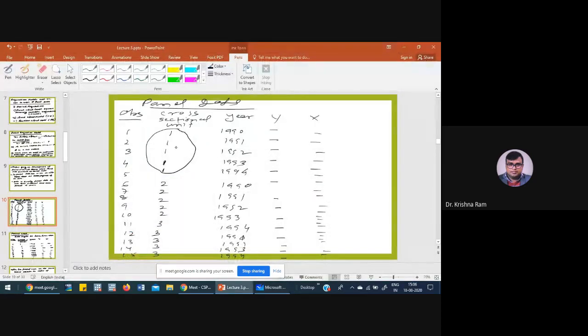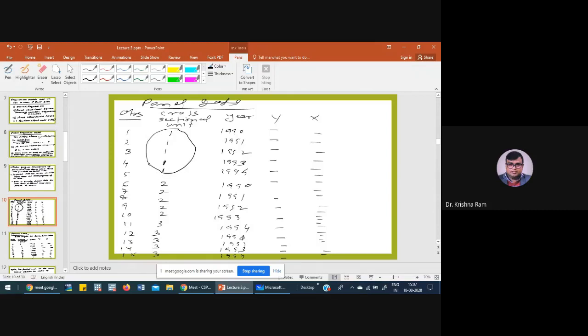So assigning a unique ID is very, very important. Then you have the year, and then the values of y and x. So in a panel data case, look here: first you have a cross-sectional unit.